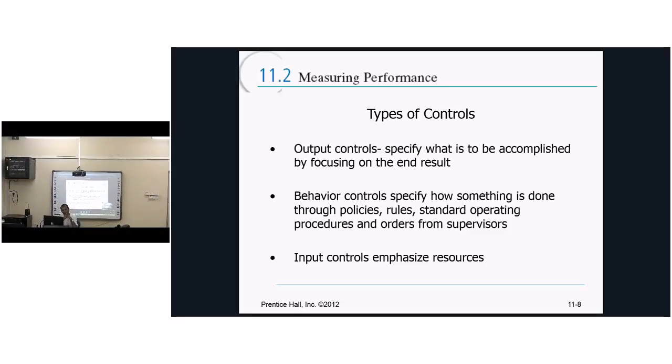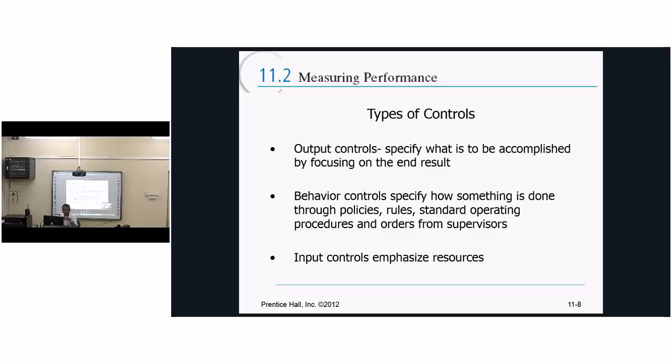We measure once things have been achieved. We measure the end result and tell whether it is good or bad. That is output control. So almost all the financial measures that we do are output controls, not input controls. We measure things after the end result has taken place.